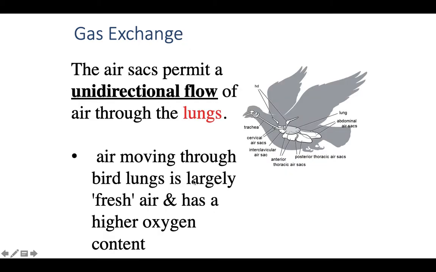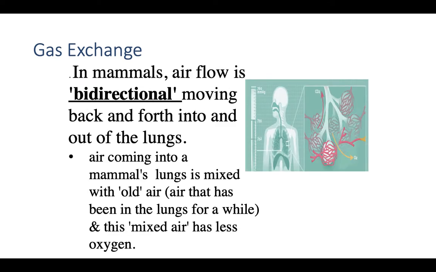What's interesting, just as an FYI, is that they have a unidirectional flow of air through their lungs. That means the air moving through their lungs is always fresh and has tons of oxygen in it. Unlike us and mammals, we have a bidirectional flow. So when we breathe air, we get fresh air, but then it's also mixed with old air.